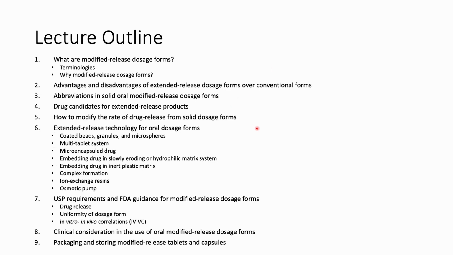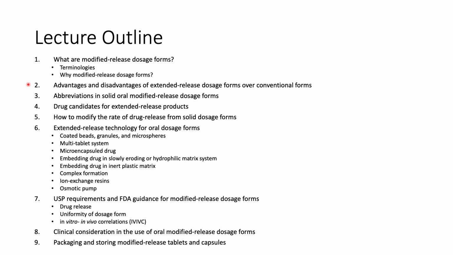In order to help you have the big picture about the lecture, this is the lecture outline. In the lecture outline, you will see there are several topics. One, what are modified release dosage forms? The introduction will include terminology and the rationale why modified release dosage forms should be used. 2.